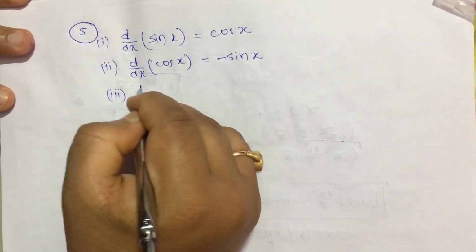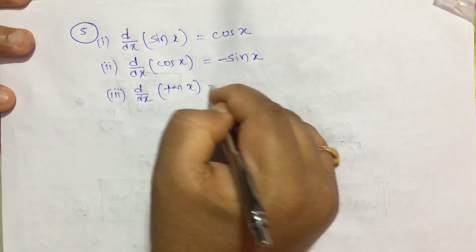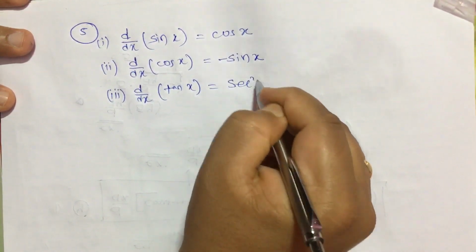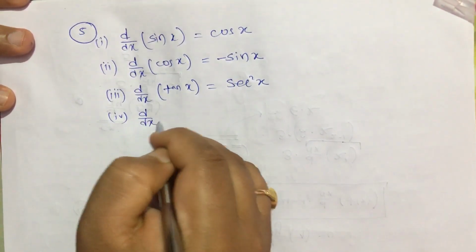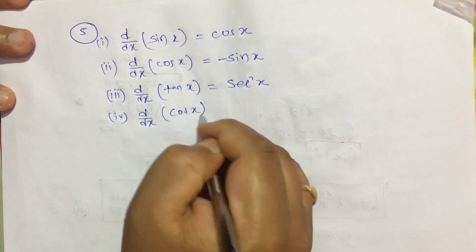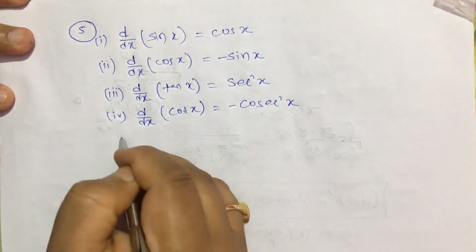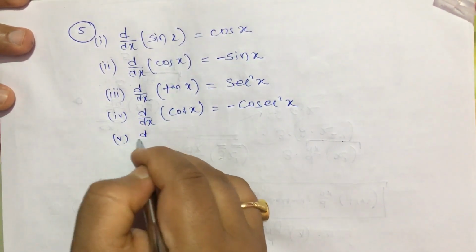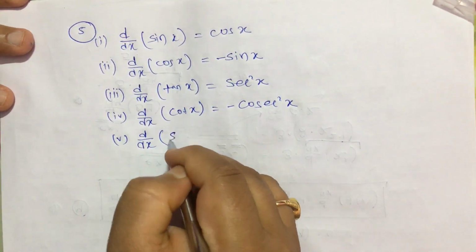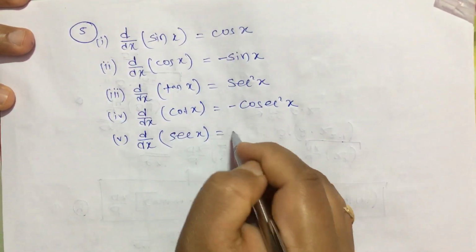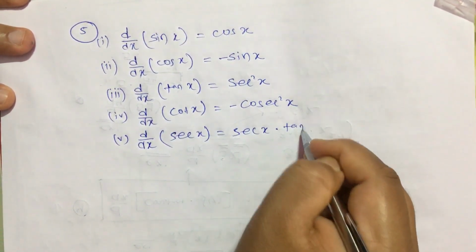Similarly, d by dx of tan x is going to be sec square x. Similarly, d by dx of cot x is going to be minus cosec square x. Fifth one, d by dx of sec x is going to be sec x into tan x.